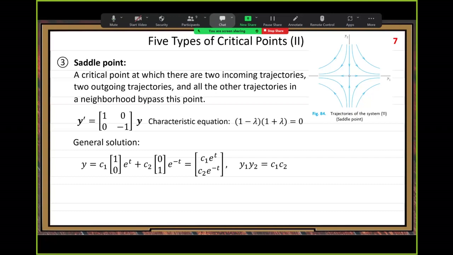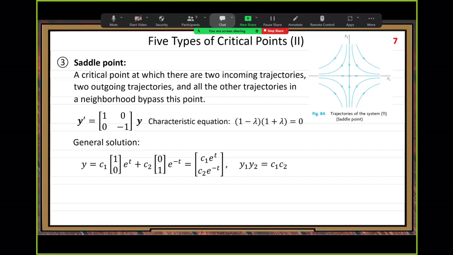Do you have an idea what curve shape corresponds to the product of y1 and y2 equaling a constant? What's the name of the curve? Yes, perfect.